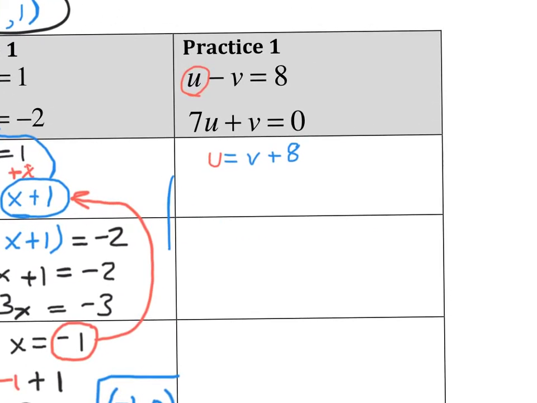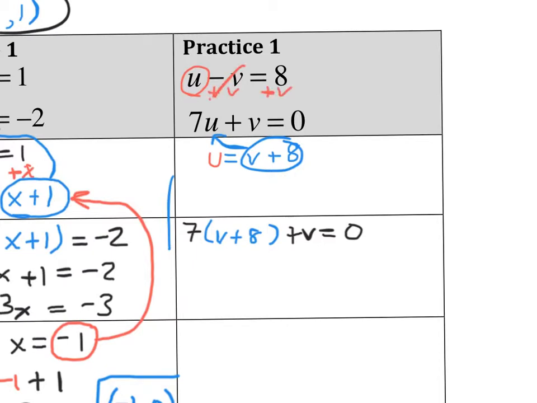Now step number 2. So now I take the v plus 8 and I place it right into there. So I bring down the 7, I replace the u with v plus 8, and plus v equals 0. Again, 7u plus v equals 0.